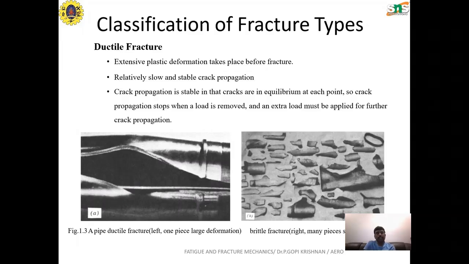If we see the second concept of a fracture or the failure due to the fracture mechanics, it is called as the ductile fracture. In the ductile fracture, there is going to be the extensive plastic deformation which occurs before the fracture.